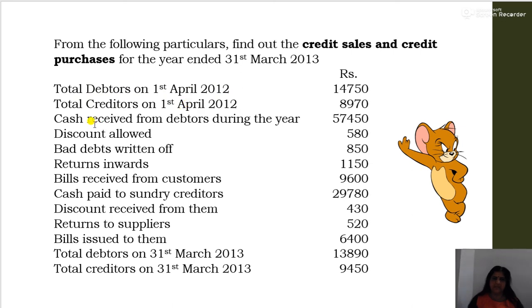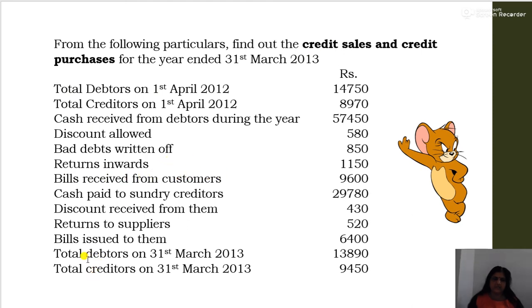Okay. Then cash received from debtors during the year, discount allowed, bad debts written off, returns inwards. Then bills received from customers. Okay. So all these informations are available for computing the total debtors account. Then by preparing the total debtors account, you can compute credit sales. Okay. So the first information, total debtors account opening balance, then cash received from debtors, discount allowed, bad debts written off, returns inwards, and also bills received from customers.